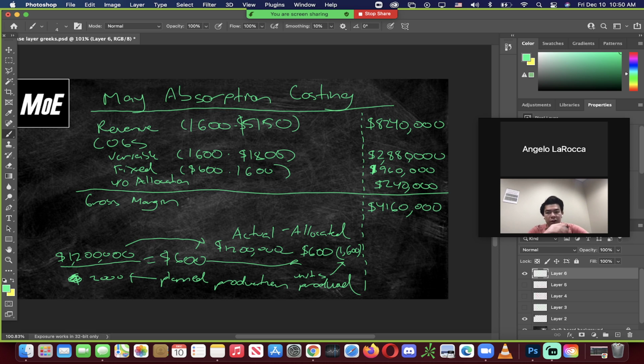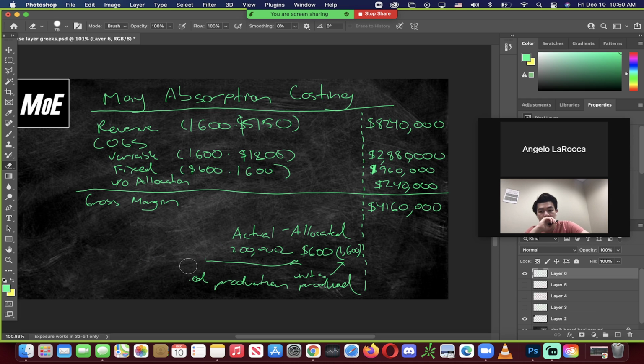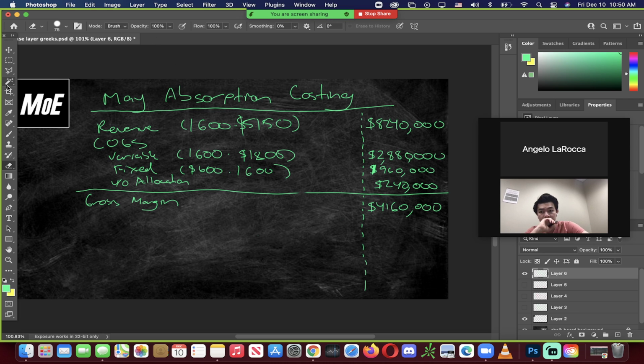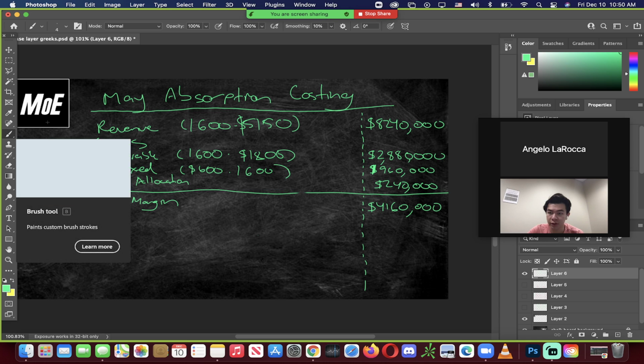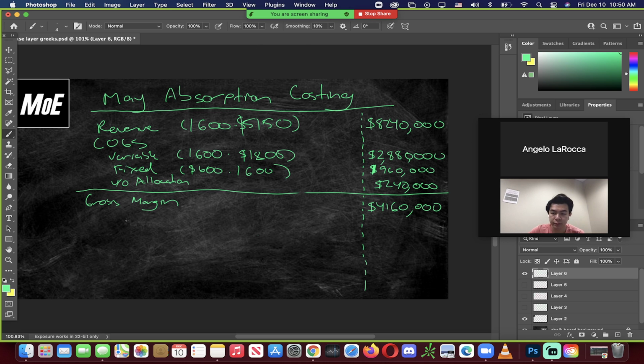Now we just do our SG&A costs. I'm just going to erase this stuff. So SG&A. Oh, let me try a line there. I do not care about this. Please get out of my way. Okay, there we go. SG&A. It's fixed and variable.